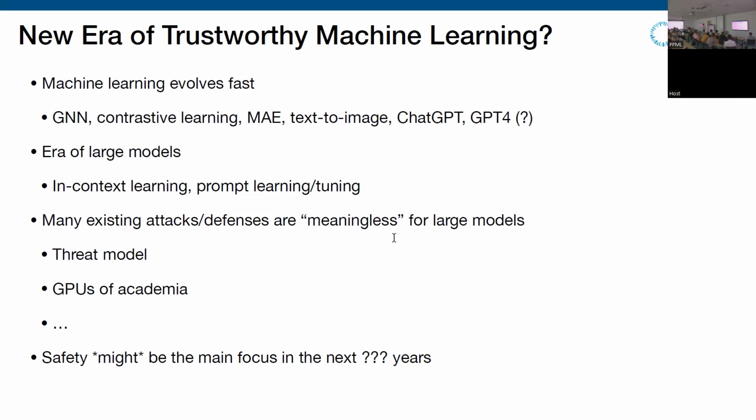So my own understanding, or my own opinion, regarding trustworthy machine learning for attacks: probably in the next few years or few months or few weeks, we will mainly focus on safety-related issues. By safety, what I mean is, let's see how I can make the model say something bad, generally something bad. Or another thing, one of my colleagues told me the other day, which also triggered me a little bit.